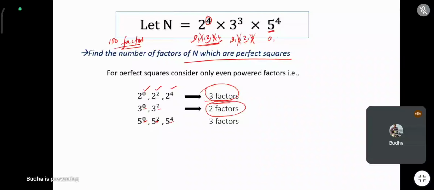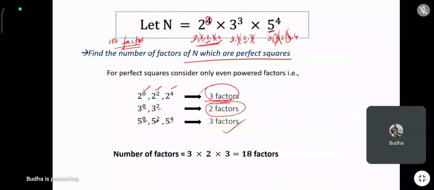Where did it come from? 0, 1, 2, 3 and 4. So I'll not consider 1 and 3. So remaining is 0, 2 and 4. Okay? So your number of factors will be in that case 3 multiplied by 2 multiplied by 3. 18 factors means out of 100, 18 are perfect squares. So now tell me using the same logic, what do we do for perfect cubes?